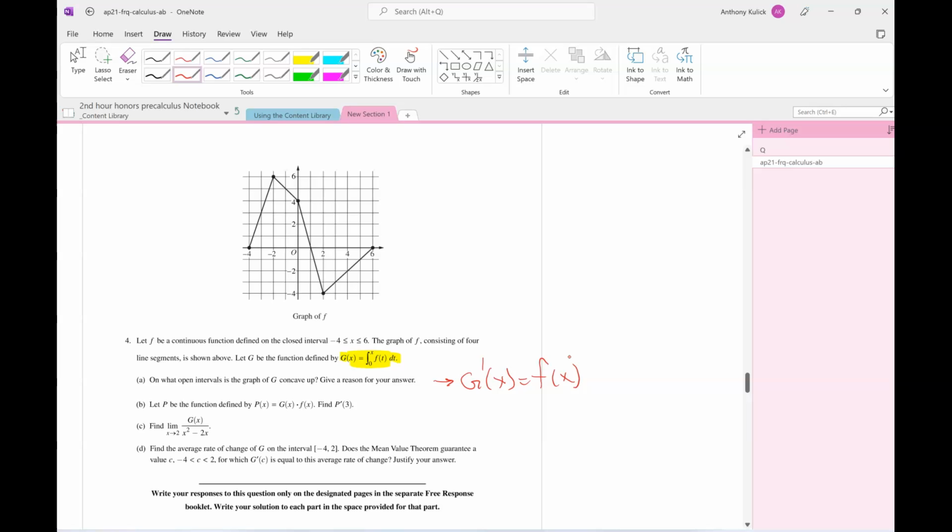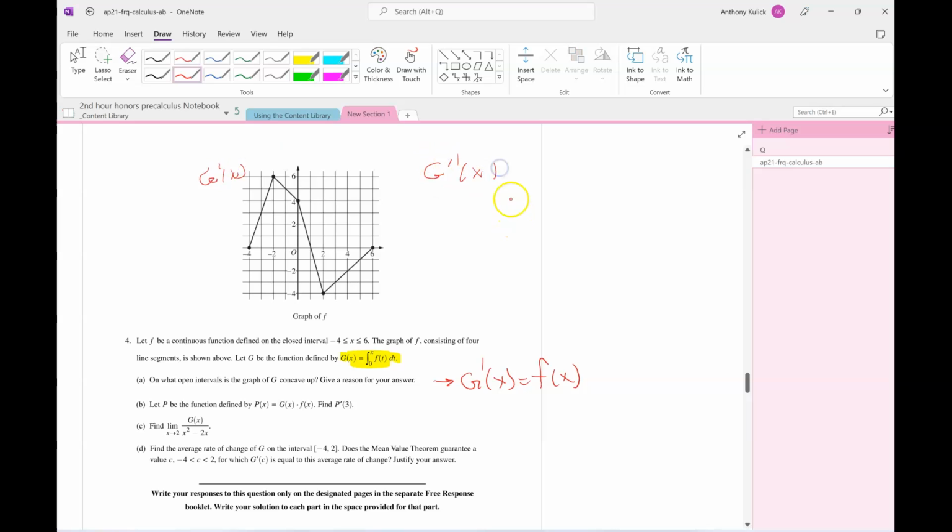So what do I care about then? Yeah, the zeros. Or actually, let's think about it this way. If I'm graphing the second derivative, this is like the same thing as g prime, right?